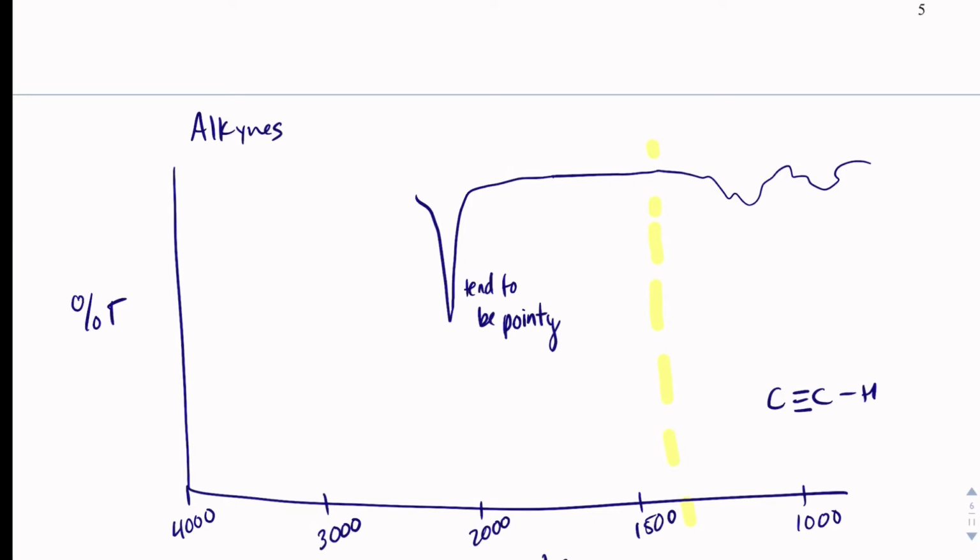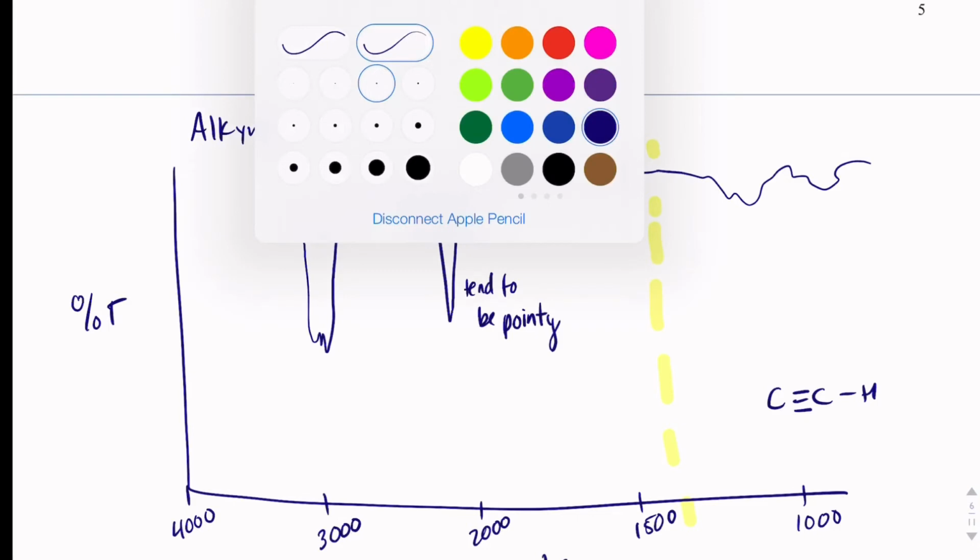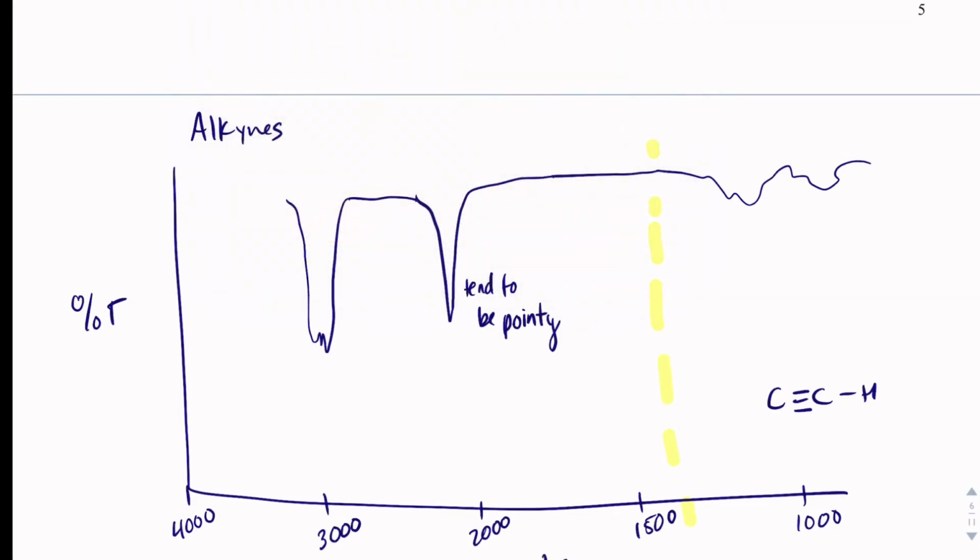Now, we're going to get alkane stuff. And here's one thing that's going to be different: if we have a terminal alkyne, we're also going to get a peak here for this bond.